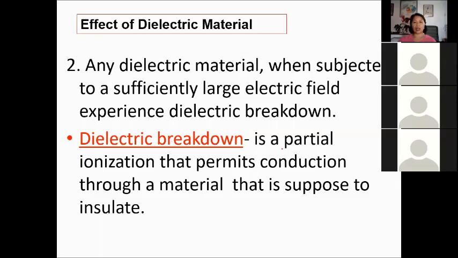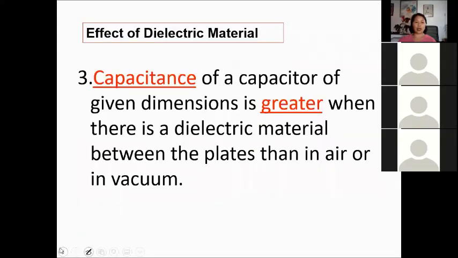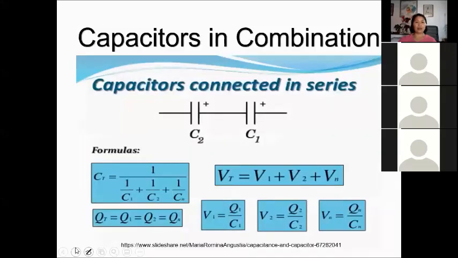So dielectric breakdown is a partial ionization that permits conduction through a material that is supposed to insulate, simply to prevent dielectric breakdown. Third is to increase the capacitance value of the capacitor. So third function ng dielectric material, anong gamit ng dielectric material, is to increase the capacitance value.